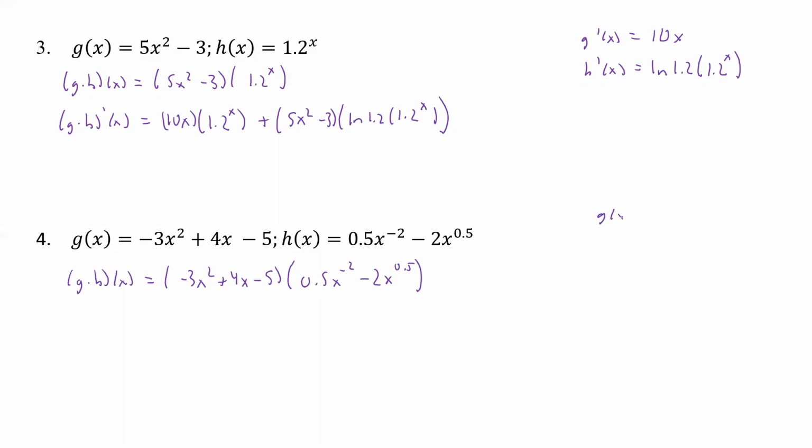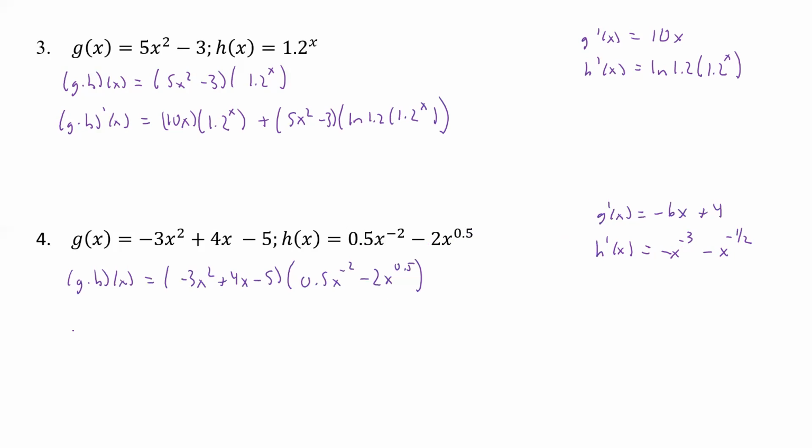Now, g prime of x is equal to, and h prime of x is equal to, well, this one is going to be a negative 6x plus 4. This one, we're going to bring that down, so it's going to be a negative, and that's going to be a negative 1, so basically a negative x to the negative 3, and that's going to bring that down. It's going to be 2, that's going to be a 1, so it's going to be a negative again, and it's going to be x to the negative 1 half.